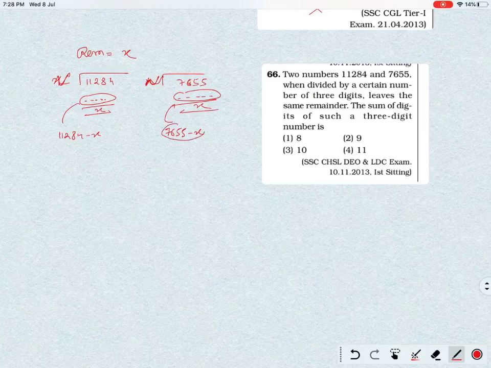So these two numbers must be divisible by n, the divisor. Am I correct? These two numbers must be divisible by n. So if we subtract these two numbers, 11284 minus 7655 will get us 3629.